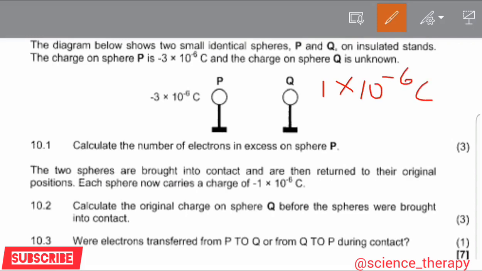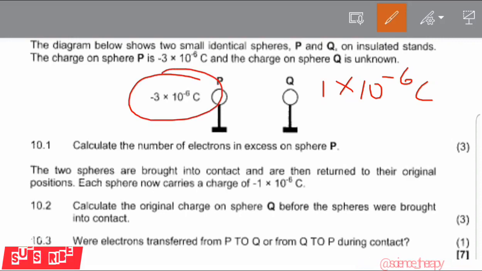Now we know, applying our principle of conservation of charge, that when it comes to sharing, electrons will always move from the sphere that has an excess of electrons to the one that has a deficiency of electrons. So now we can see that P is more negative, right? As we can see, that's -3 times 10 to the power of -6 coulombs, which shows you that it is negatively charged and has more electrons.